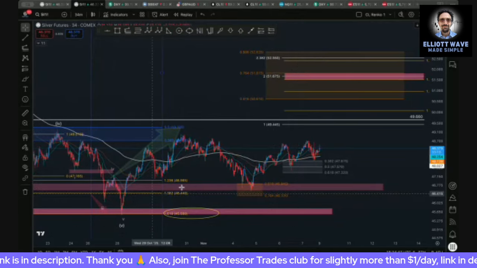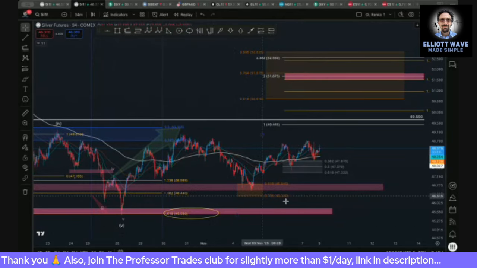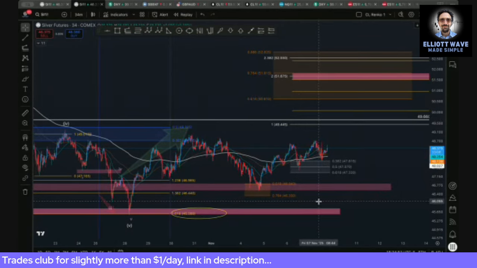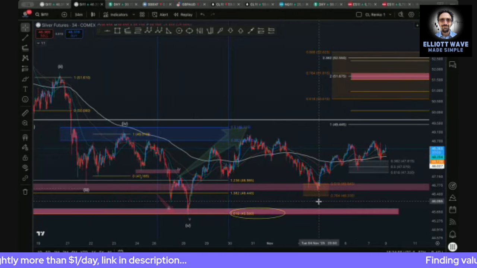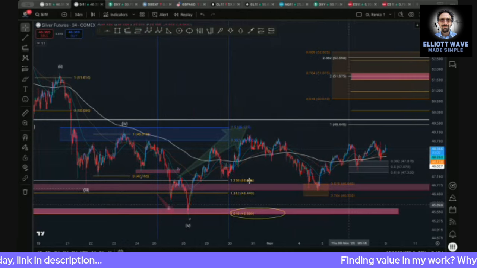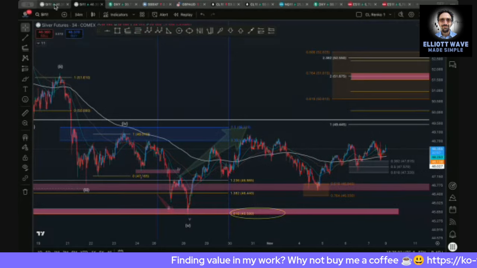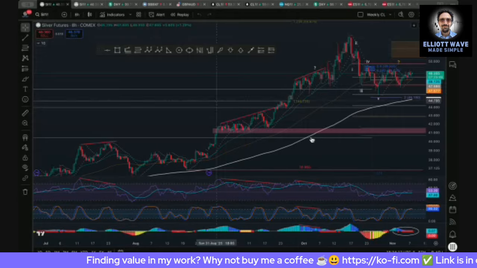This is taking a long time already, which has me thinking this is not a standard price action. So if you go back to a larger degree, now look, I could talk for a long time, but I don't want to.